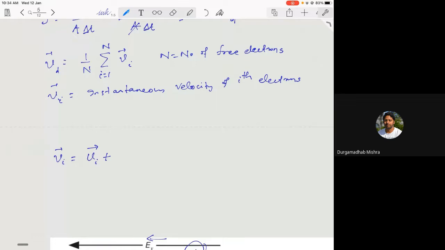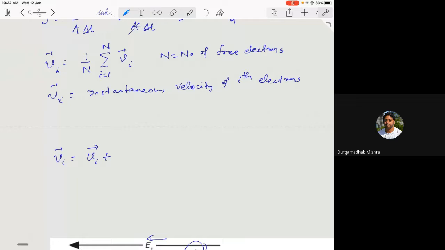When the electron travels through the metal or material, it will be scattered or have a collision, due to thermal vibration or due to impurity or defect. Any reason can cause this scattering.